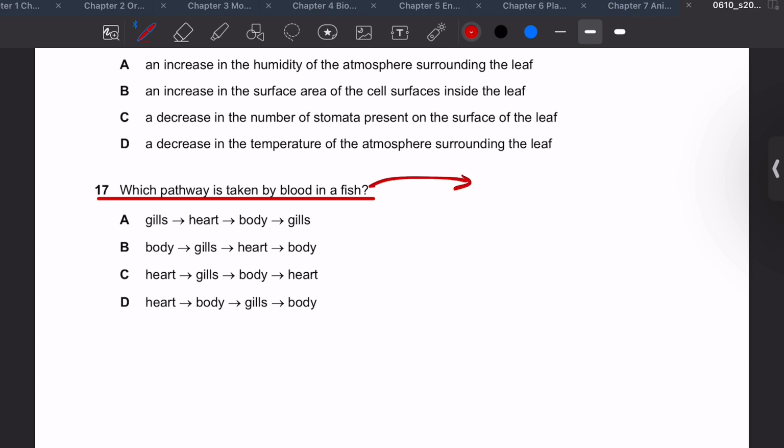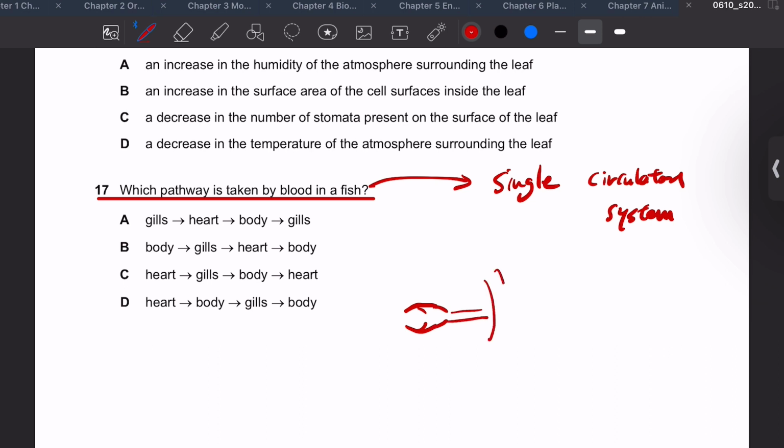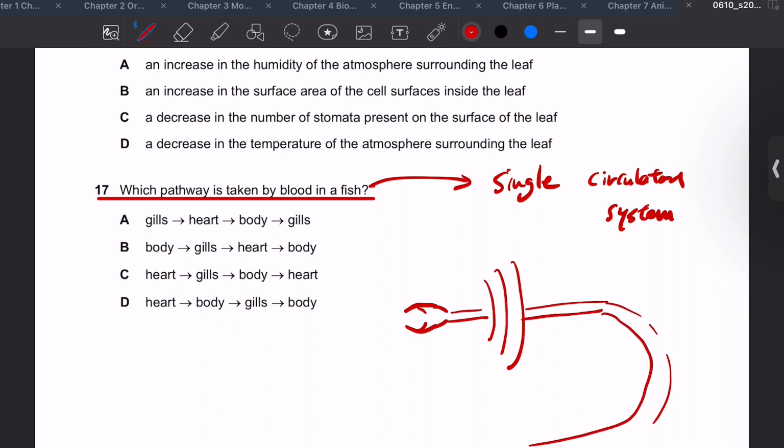Fish has a single circulatory system, and the pathway travels from the heart to the gills, and then it goes through the body, and then to the heart again.